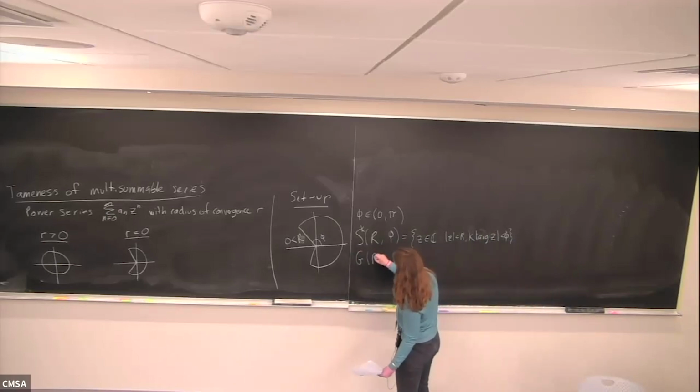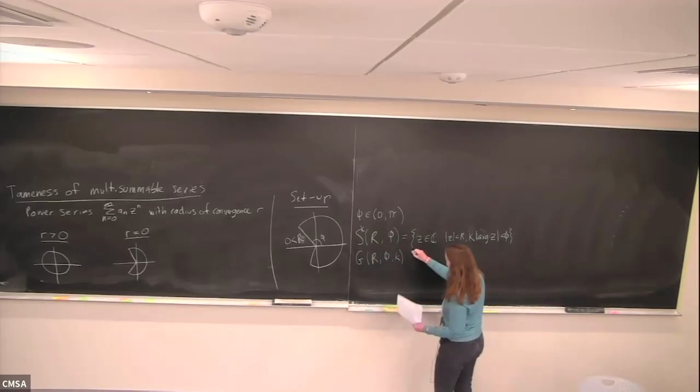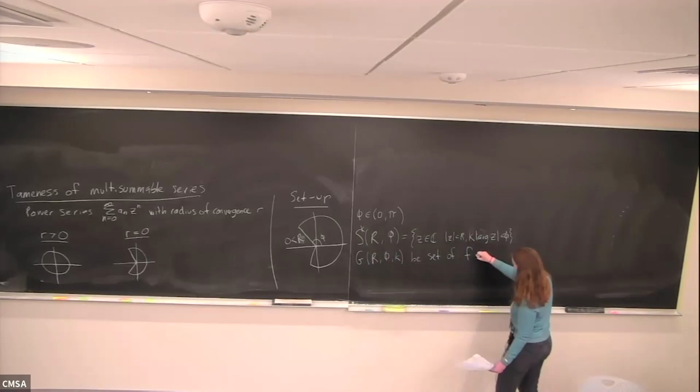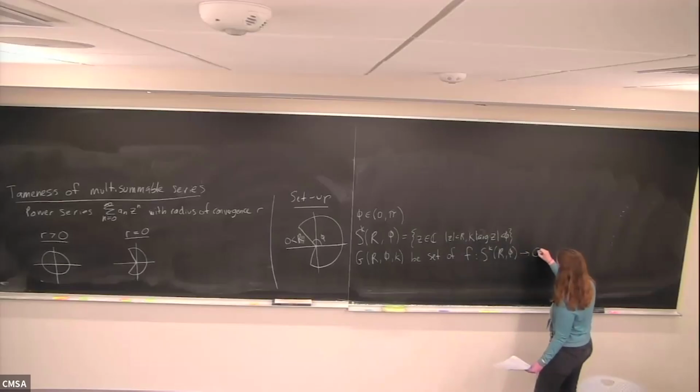Let G of R, phi, k be the set of functions from this R, phi, k sector to the complex numbers that satisfy a couple of conditions on the derivatives.